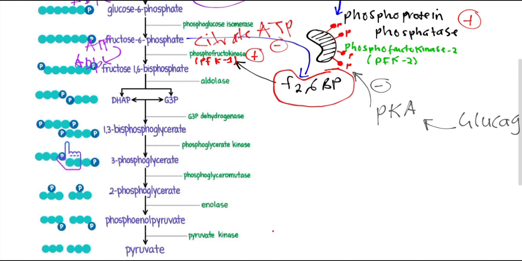There is that one and that one. 3 phosphoglycerate, we are producing 2 from 1 glucose molecule. 2 phosphoglycerate, 2 from 1 glucose molecule. Phosphoenolpyruvate, 2 from 1 glucose molecule. Pyruvate, we are producing 2 molecules of pyruvate. Have you seen? So everything is doubled here because of the reason that I've stated.